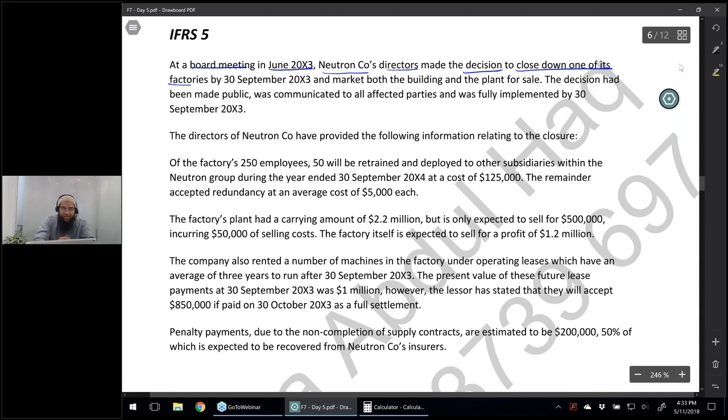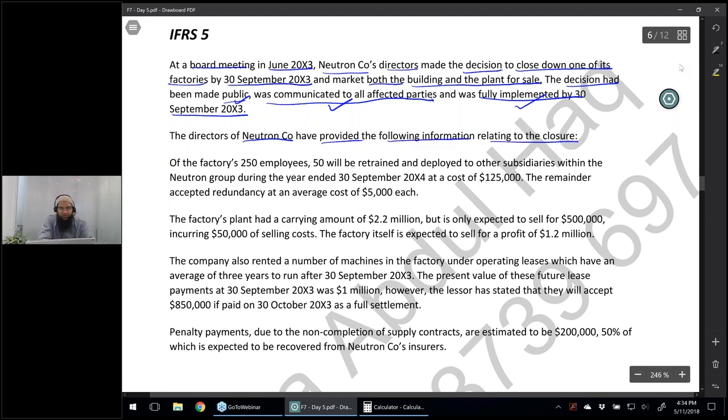The decision had been made public, was communicated to all affected parties, and was fully implemented by 30th September 2023. So we have communicated to all parties, fully implemented. The decision has been made public. So this means that the criteria as per IAS 37 are met.